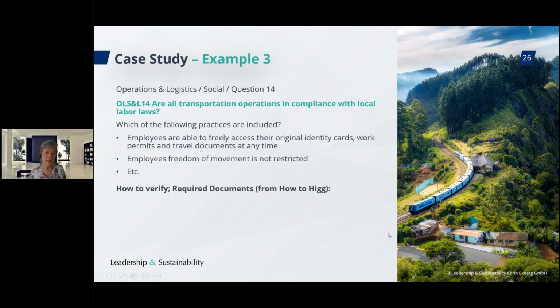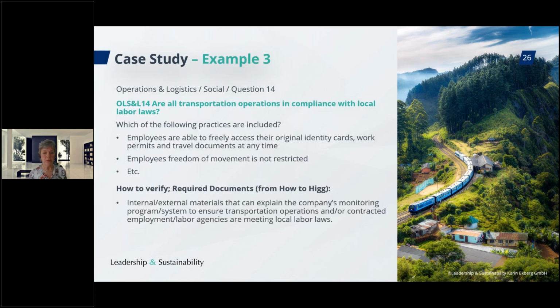And how to verify here, this is not so easy. How do you ensure that your external partners are in compliance with local labor laws if you don't have an audit program there? And so it's not so easy to do this. And here we have the information from How to Higg.